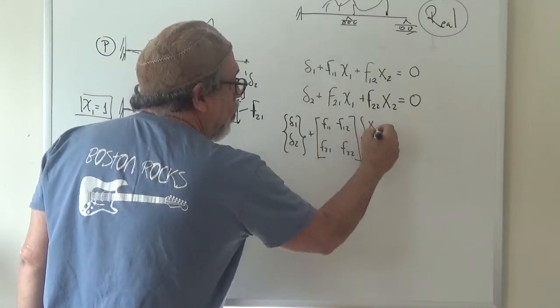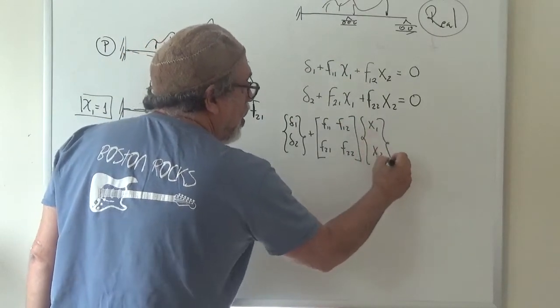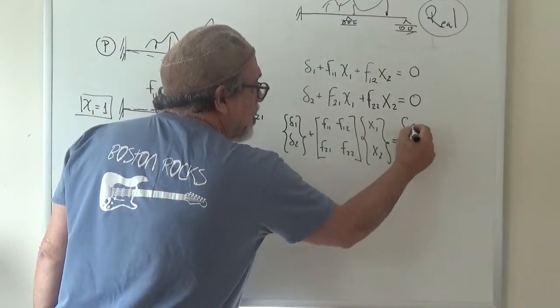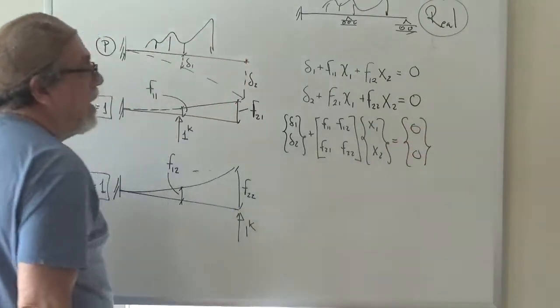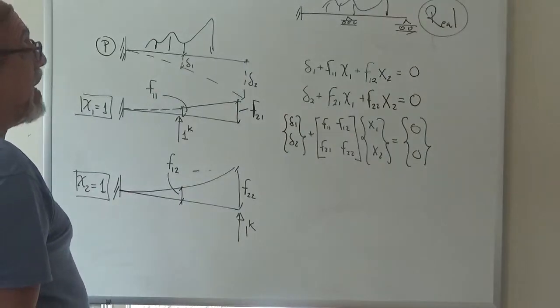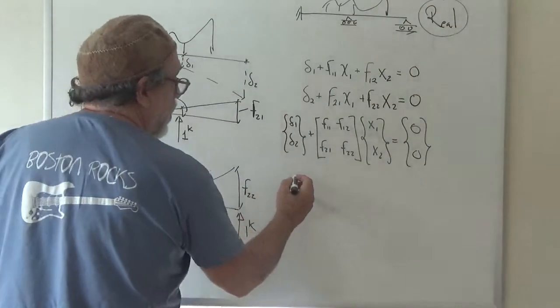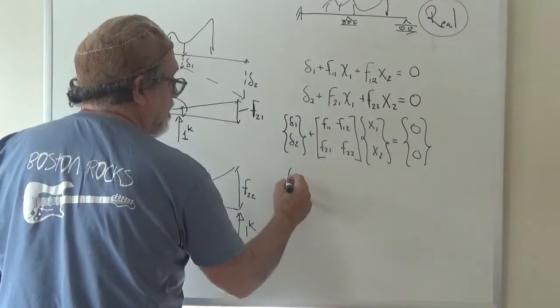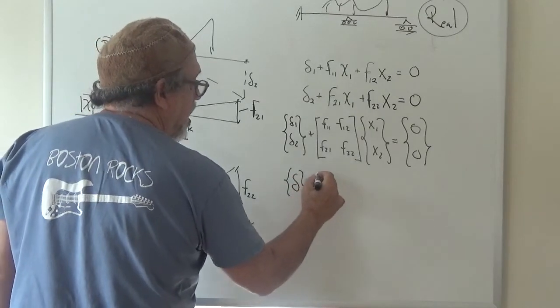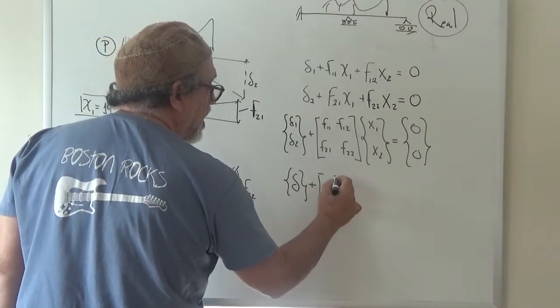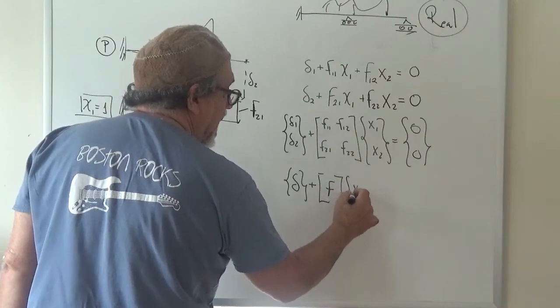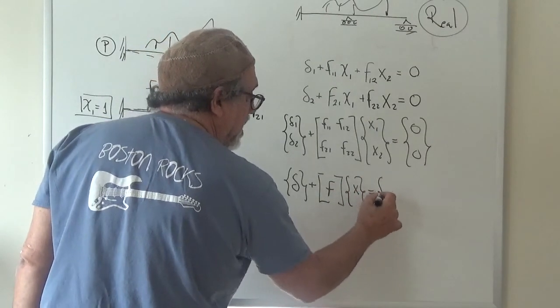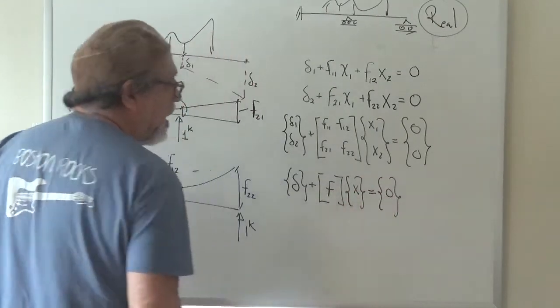This is x1, x2, and that's equal to 0, 0, right? Now, to write it in even shorter notation, we write delta plus f times x, in this case, is equal to 0.